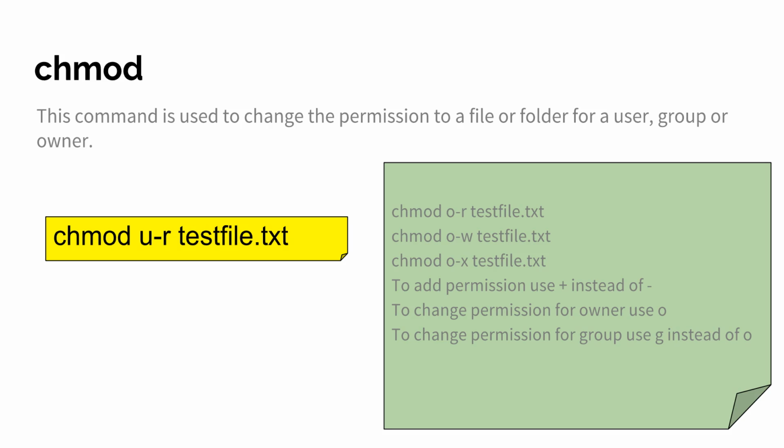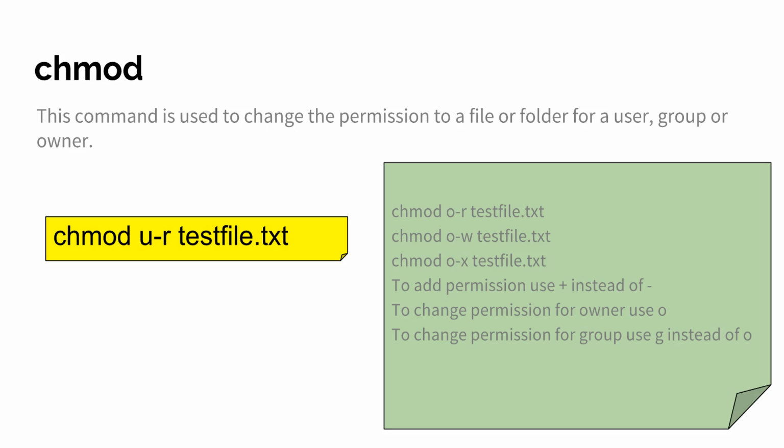Also you can change the mode to read, write for a specific user, owner, group. So the command that you see in this demo, chmod u-r testfile.txt, means it is removing the read permission for a user for this file.